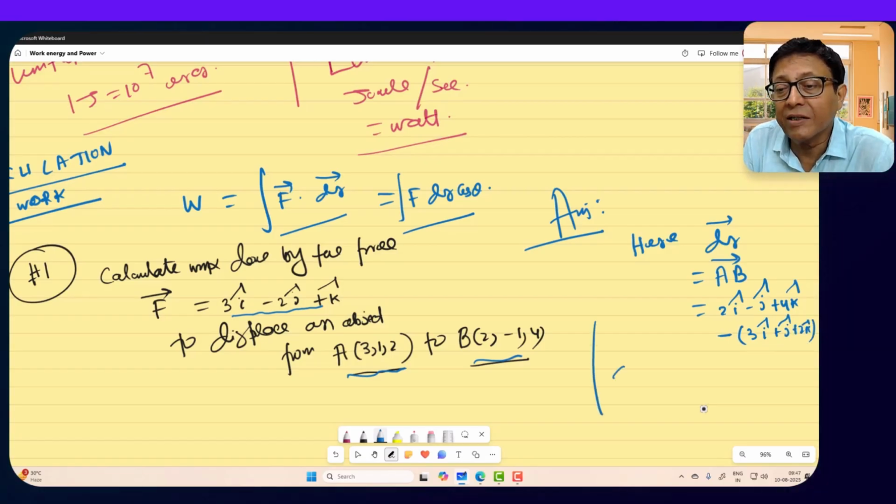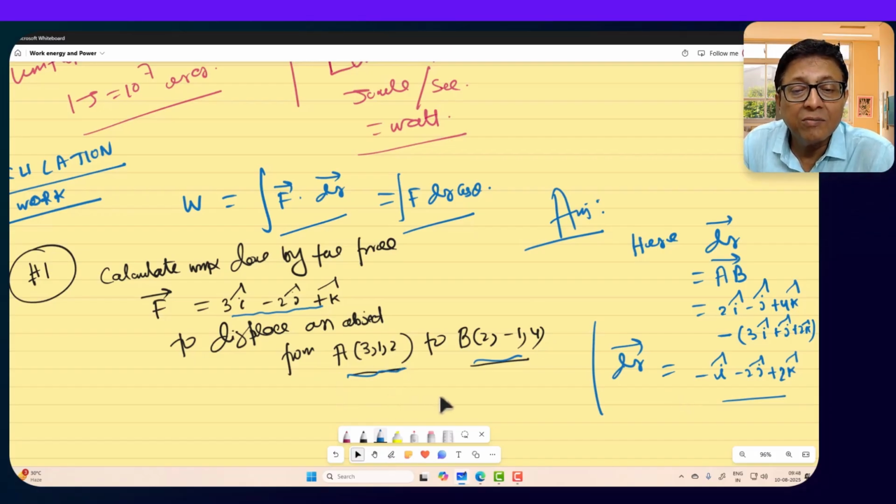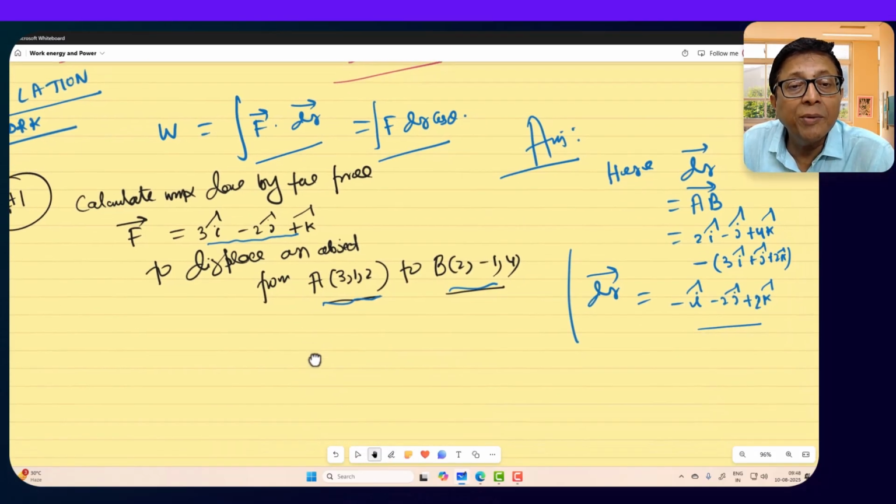So dr vector, or AB vector, is going to be minus i minus 2j plus 2k.